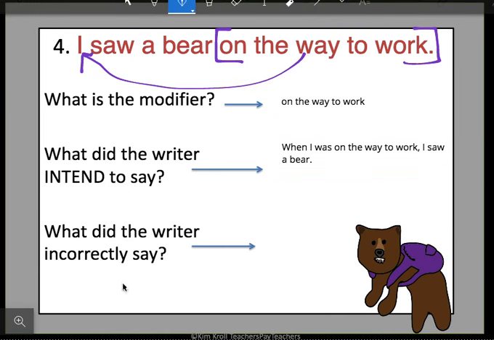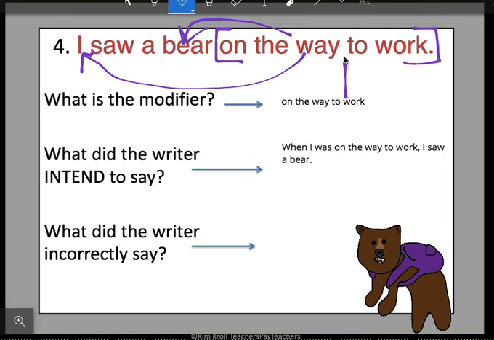However, they incorrectly made it sound like the bear was going to work because they put the modifier right next to the word bear. So it makes it sound like the bear was on the way to work when I saw him. I just saw him on his way to work. And that doesn't make a lot of sense because I don't know any bears that go to work.